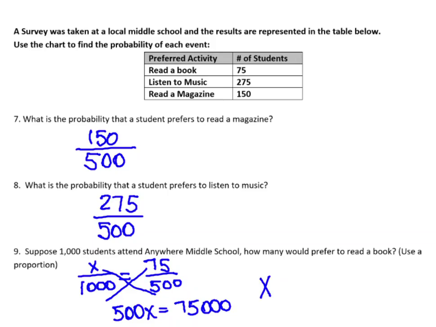And x equals 150. Could I have done that an easier way? 500 times 2 gives me 1,000. 75 times 2 would give me 150. But it asks specifically, use a proportion.